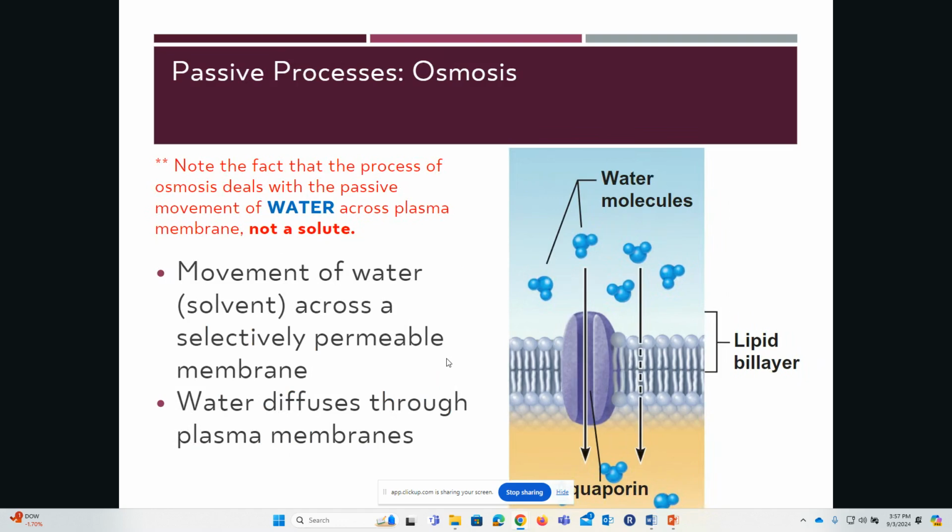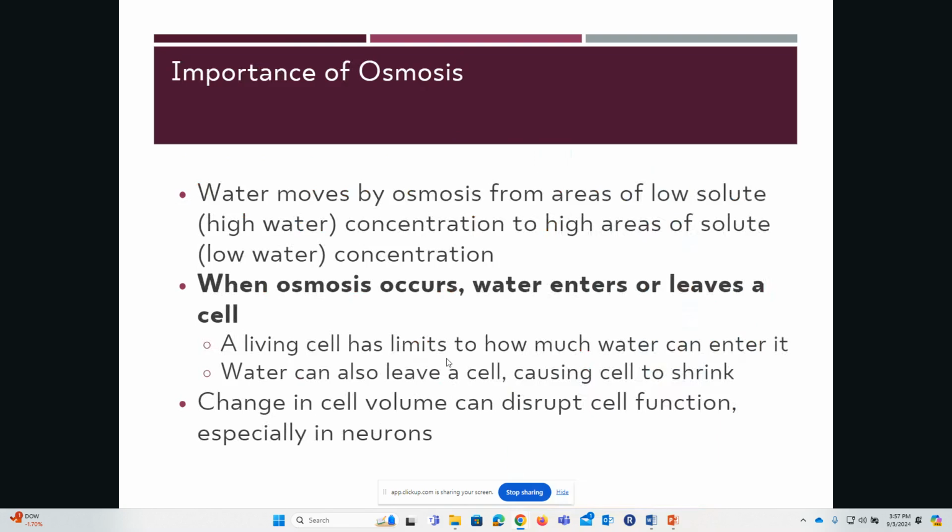So osmosis is the movement of the solvent, usually water, across a selectively permeable membrane. And so water can diffuse through plasma membranes from high to low concentration. If you're never sure which way water is going to move, it's always going to move towards the area that has more solute. Because if it has more solute, it has less water.